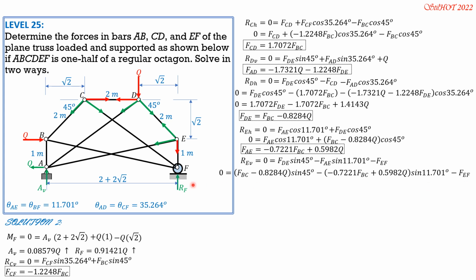Transpose FEF to the left, then we can express FEF in terms of FBC and in terms of Q. So 0 equals 0.85355 FBC, combine FBCs here, sine 45 and positive 0.7221 FBC sine 11.701 degrees is equal to 0.85355 FBC. Then for the Q, you just combine, that's the value, then FEF. FEF therefore is 0.85355 FBC minus 0.70708 of Q.